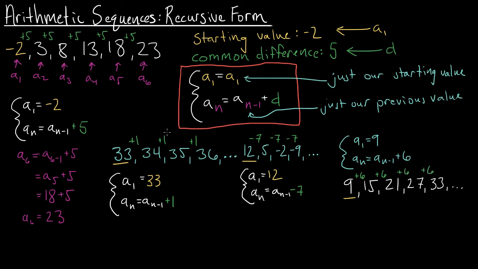So these are several examples of arithmetic sequences in recursive form. Remember, we want two pieces of information: the starting value and the common difference, and we use those two pieces of information to construct the recursive form. A sub 1 is our starting value, and then a sub n is just equal to whatever the previous value was, the previous term in the sequence, plus whatever the common difference is.